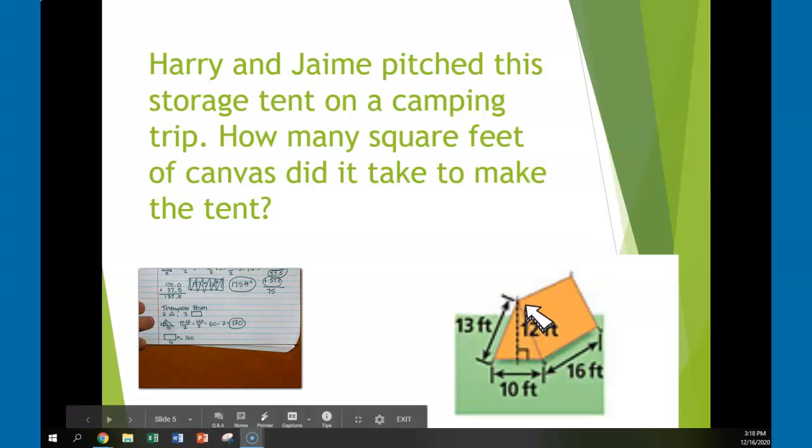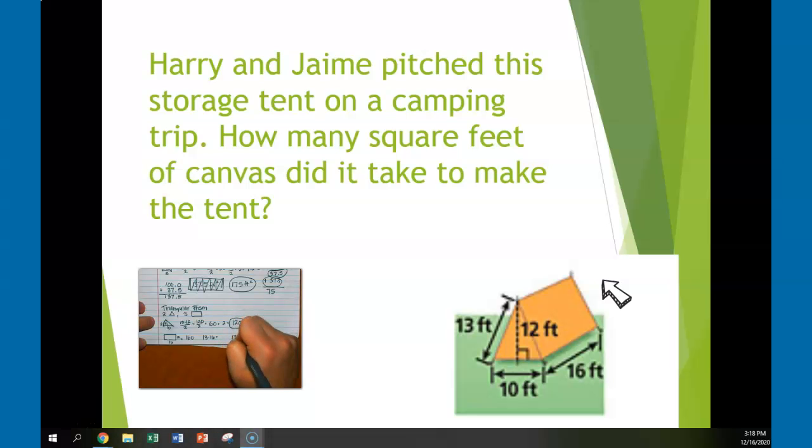So it would be 13 by 16, and 13 by 16. When I do that multiplication, 13 times 16: 6 times 3 is 18, carry my 1, 6 plus 1 is 7. 1 times 3 is 3, 1 times 1 is 1, so 208.